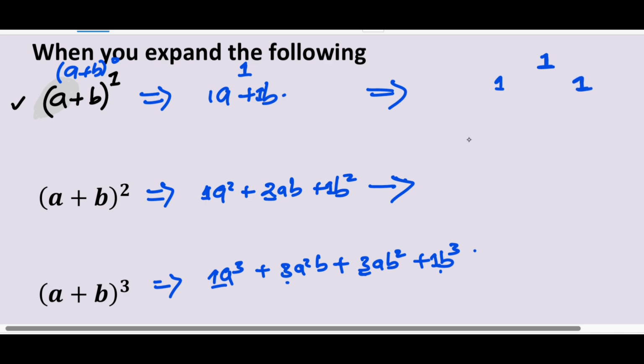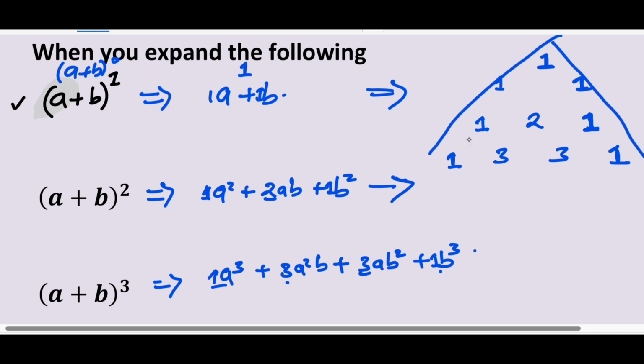Then for a plus b raised to power 2, it is 1, 2, 1. Then a plus b raised to power 3, it is 1, 3, 3, 1. You can see that this is forming something that looks like a triangle.